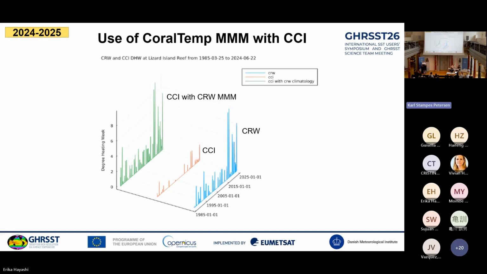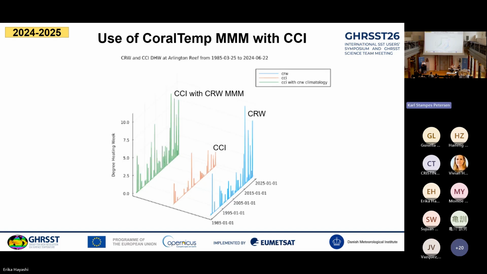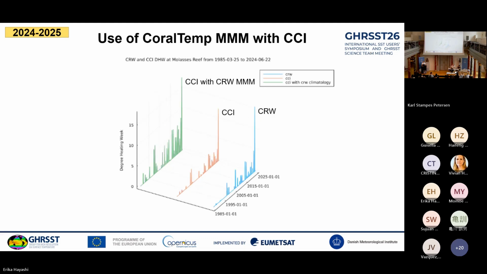CCI in this instance with the old climatology is low, and the green is when you use CCI with its own climatology, which seems to have improved it, and it's good. In this instance, the old climatology makes CCI too large, especially in the first part of the data set.